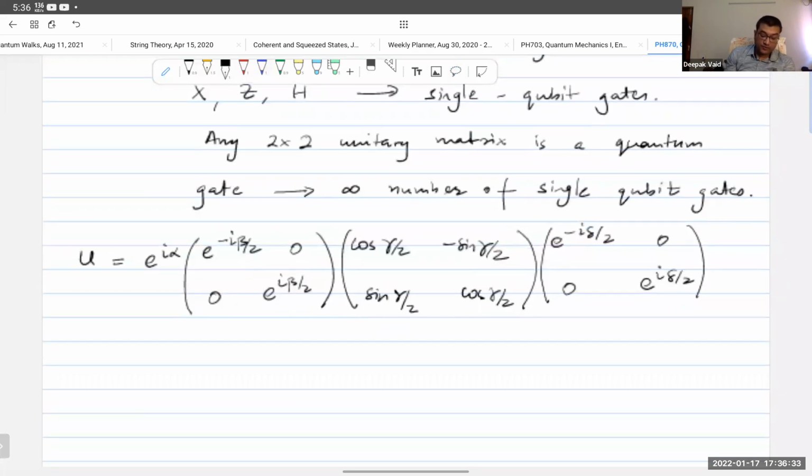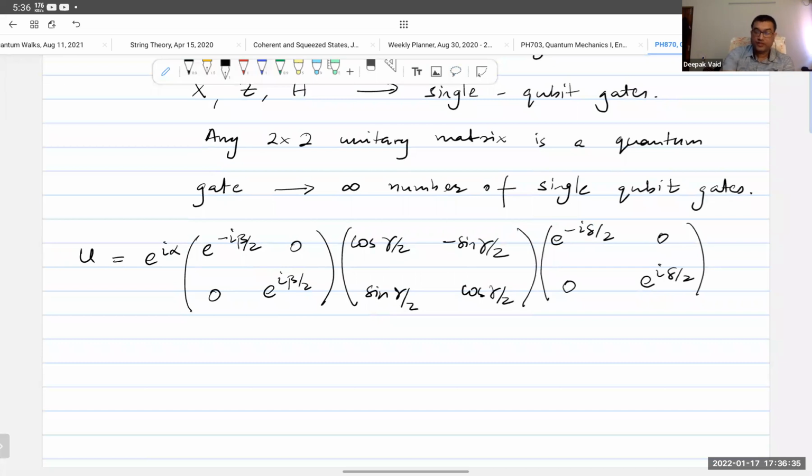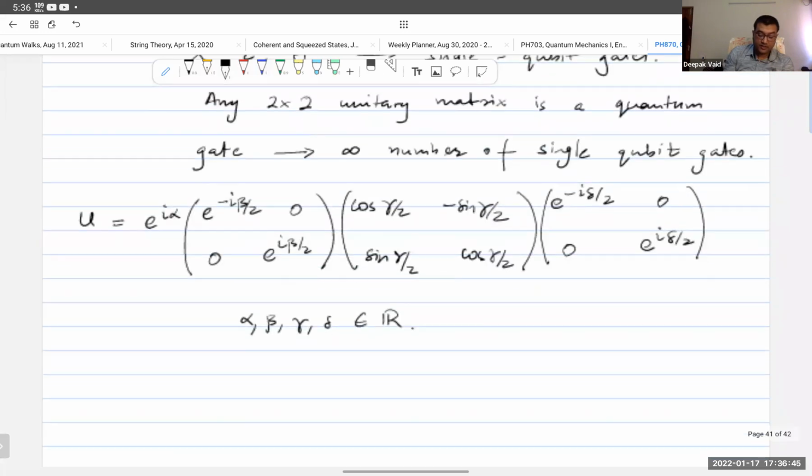So any single qubit unitary can be written in this way, in terms of 4 parameters, alpha, beta, gamma, and delta, which are real numbers.